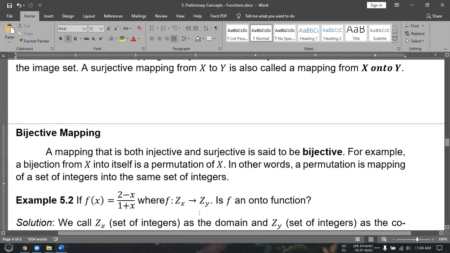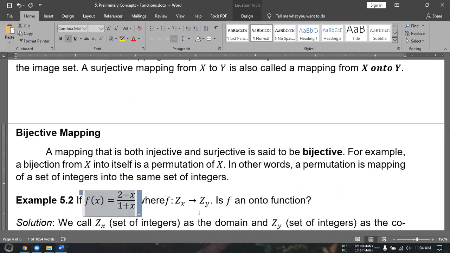For the second example, f of x is defined as 2 minus x over 1 plus x, where we map Z sub x to Z sub y. Is f an onto function?